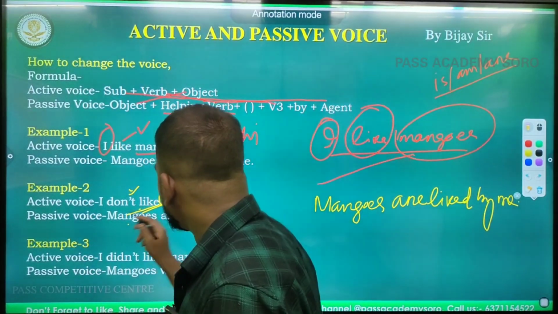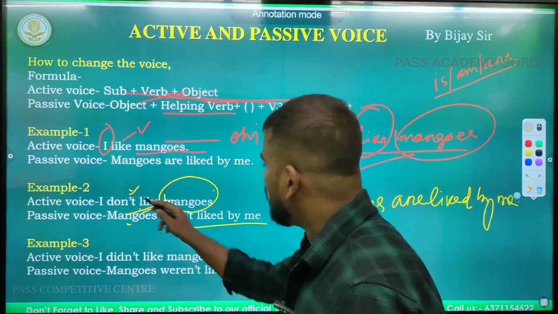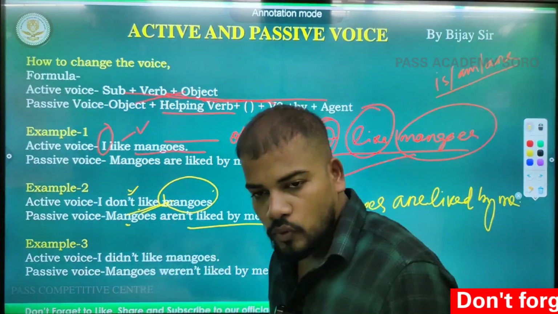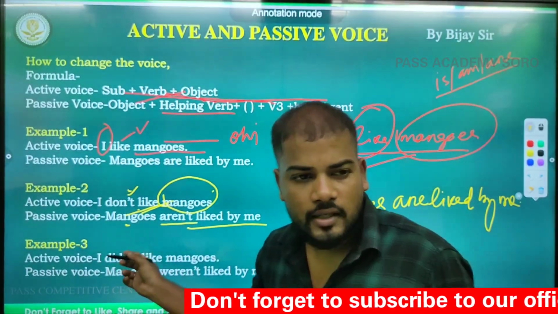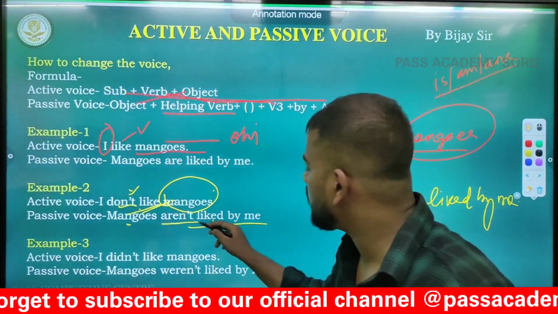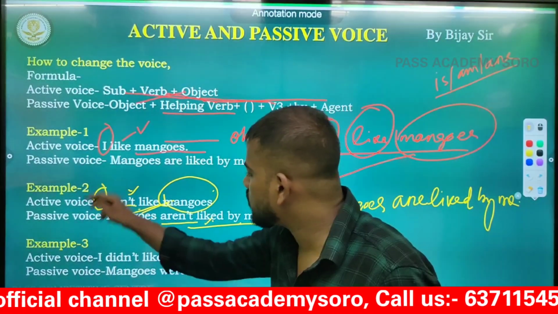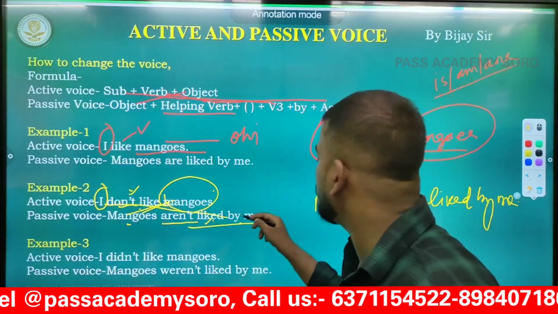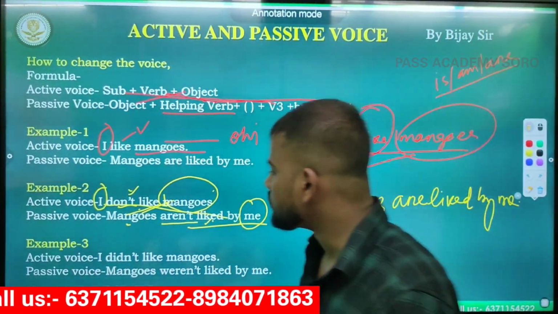We convert mangoes, the object, into the subject, and since mangoes is plural, we use aren't, because it is negative, and the third form of like is liked, by me. I is the subjective form, and when we convert into passive voice, it becomes me.